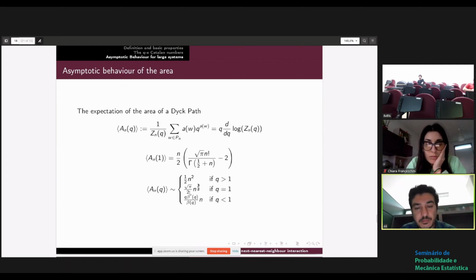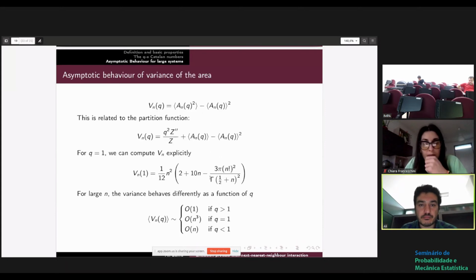If q equals 1, then you have the exponent 3/2, which means that your Dyck path is simply a Bernoulli random walker. It's nothing special. The typical height is just root n.